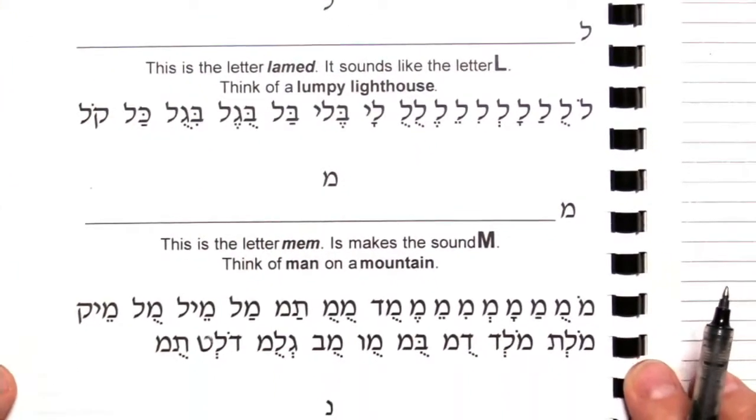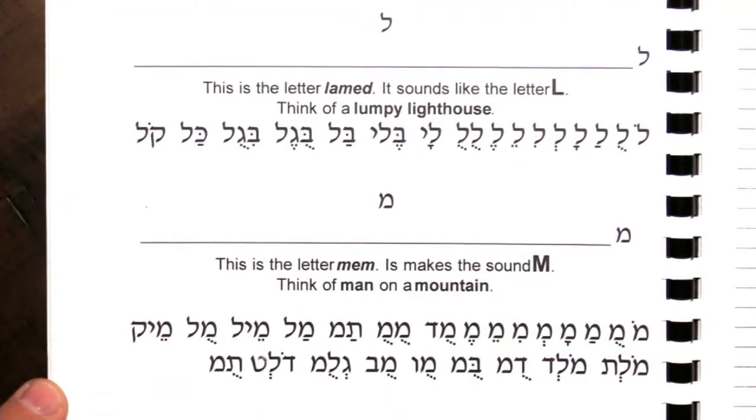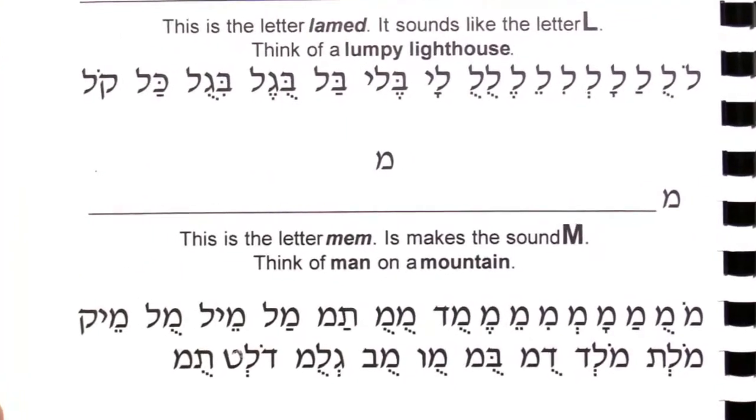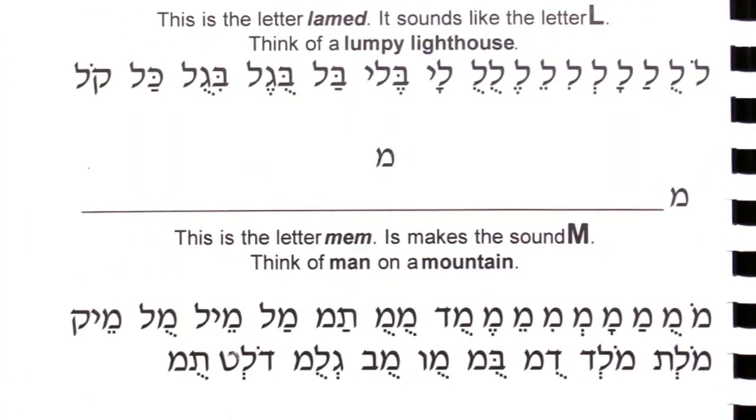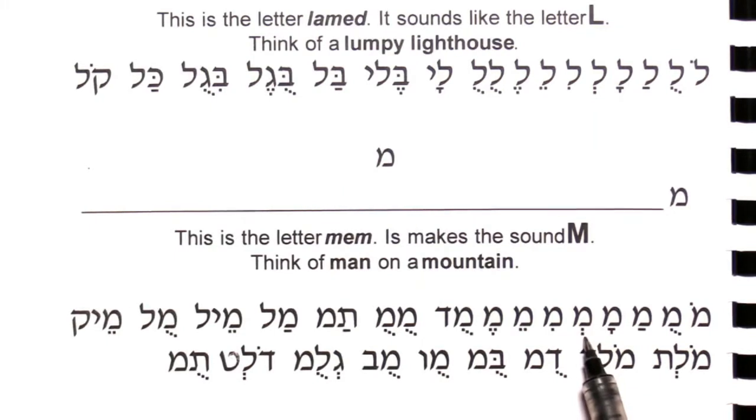Let's move on down to our man on the mountain. And how about if I zoom in just a little bit? Hopefully that'll make that a little easier to see on your screen. Okay, so with our vowels, mo, mu, ma, me, me, meh. And then we have English words, 2 lines of them.